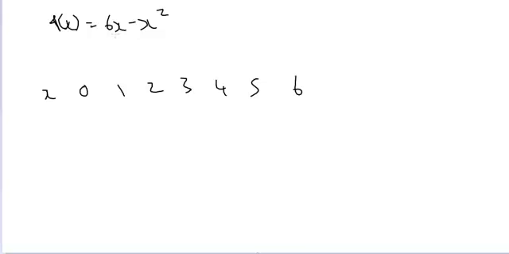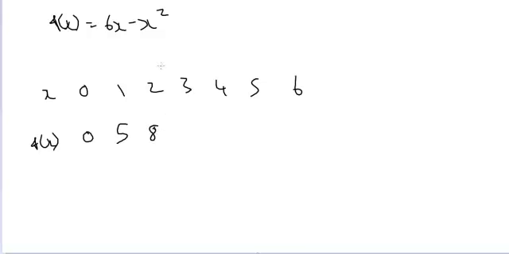So at 0, we have 6 times 0 is 0 minus 0, so that's equal to 0. When x is equal to 1, well then we have 6 minus 1, so that's going to equal 5. When x is equal to 2, we're going to have 12 minus 4, so that's 8.